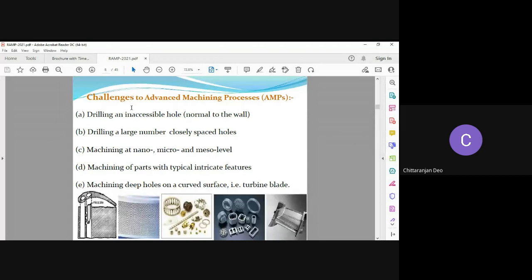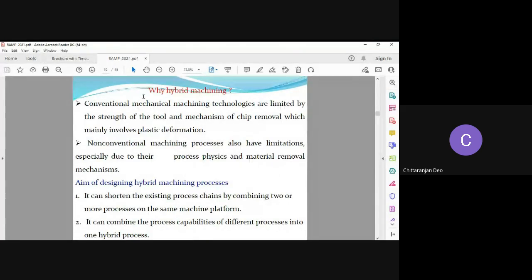The challenges include drilling holes at an angle to the wall, drilling a large number of closely spaced holes, machining at nano, micro, and meso level, machining of parts with typically integrated features, and machining deep holes on a curved surface, like in turbine blades. These are some challenges faced by advanced machining processes. So they can only be overcome by hybrid machining.